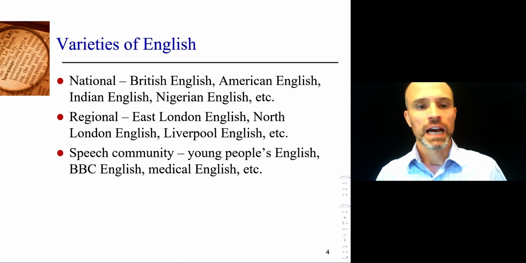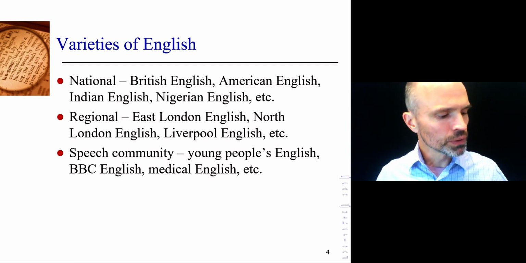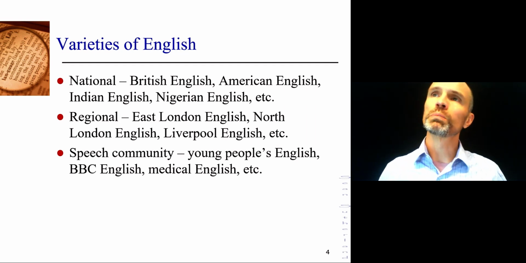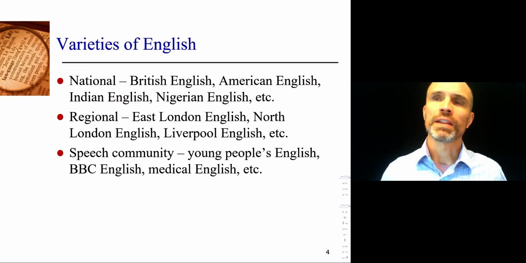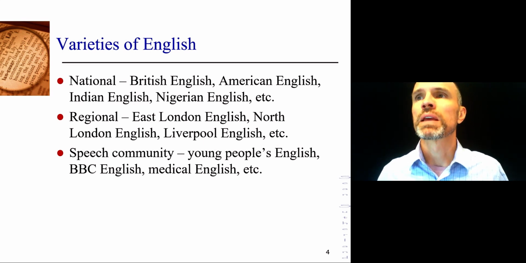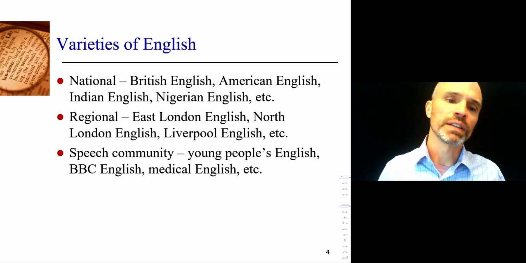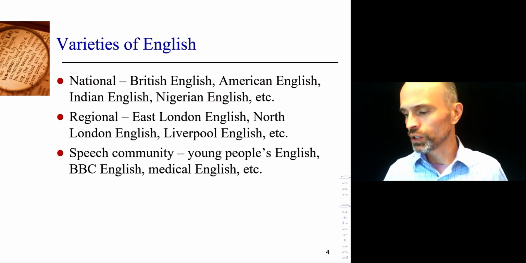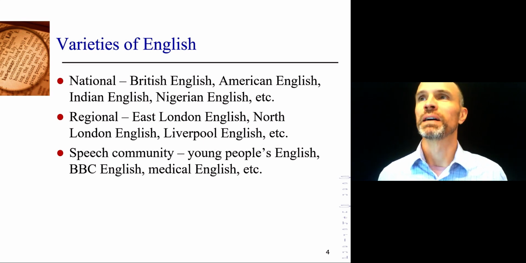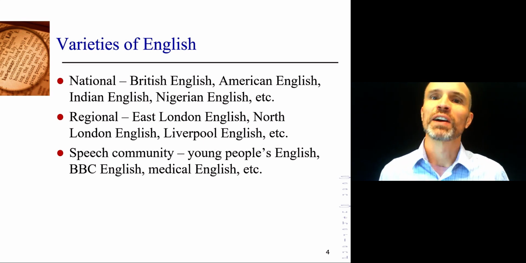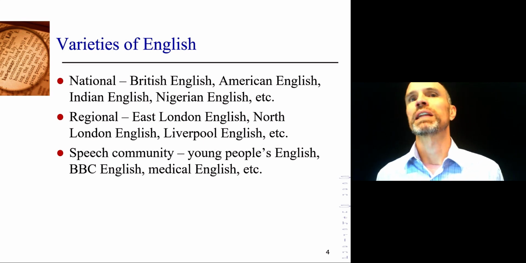Things like that. Then the term speech community is used to talk about groups of people, communities, who are unified by their speech in some way, not geographically. It's not that they all live in the same place, but that they all use English in a similar way, right? Young people from around the world are unified in some ways by the way they speak English.